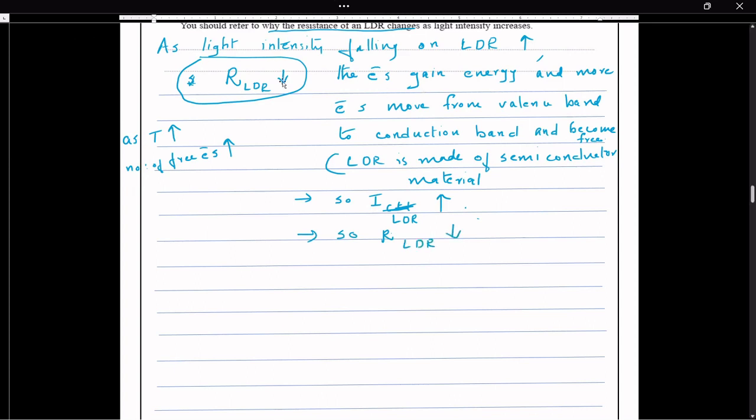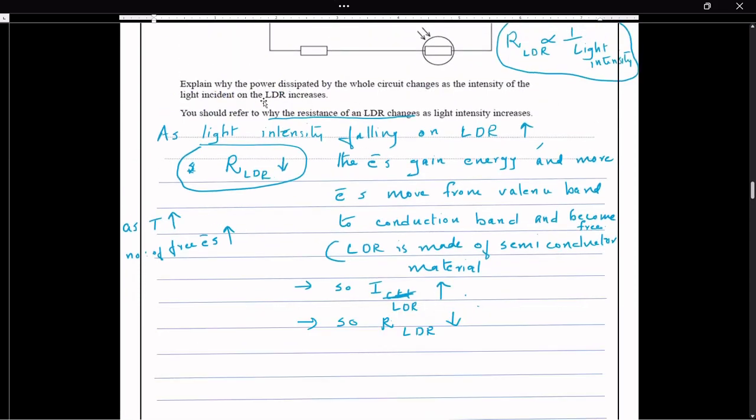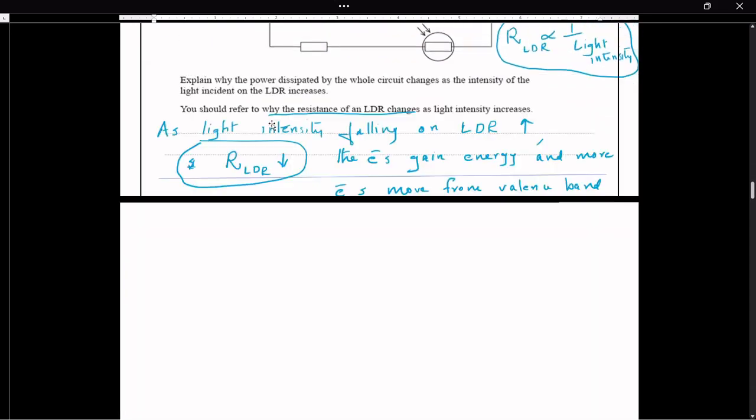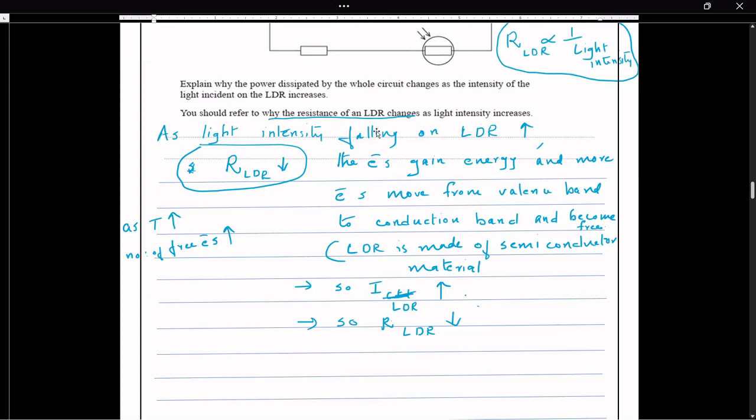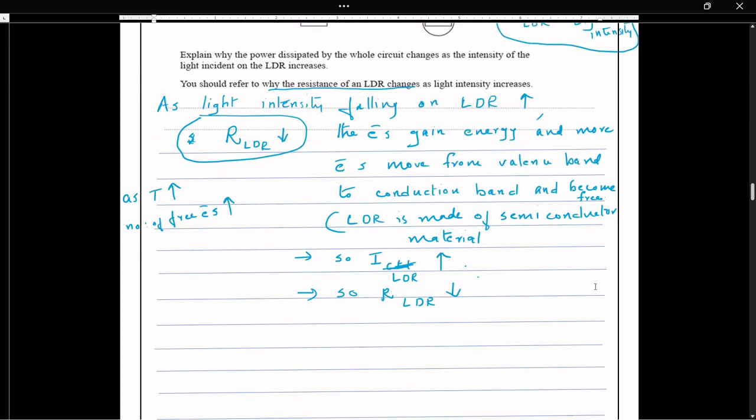This is the first part. Actually, they want the power dissipation, but you have to write why the resistance of the LDR changes as the light intensity increases. So let us read from the beginning. As the light intensity on the LDR increases, electrons gain more energy. So more electrons move from the valence band to the conduction band and they become free.